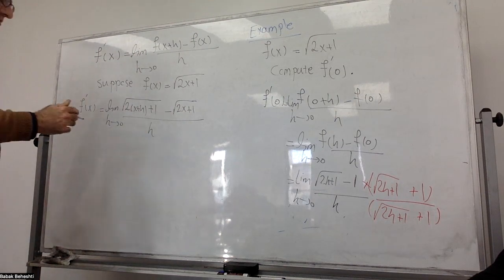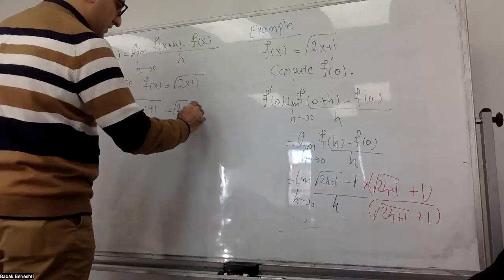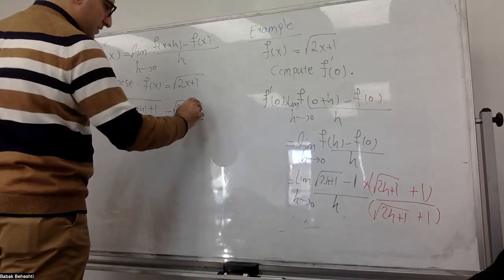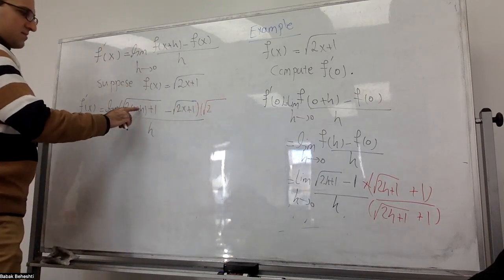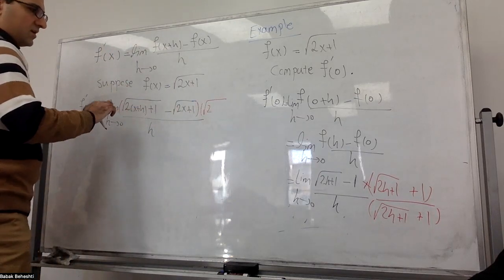Here again, I want to multiply the whole thing by the conjugate. By the way, this is 2x plus 2h plus 1.